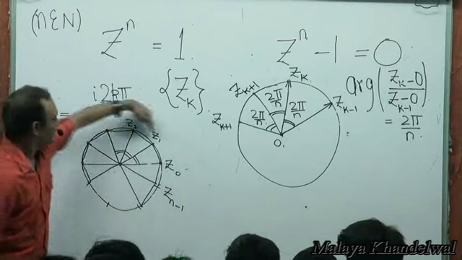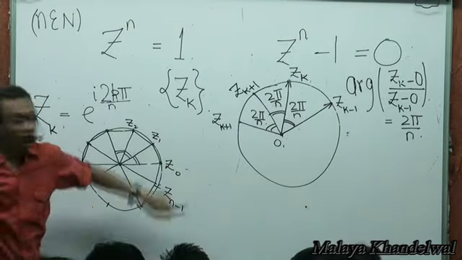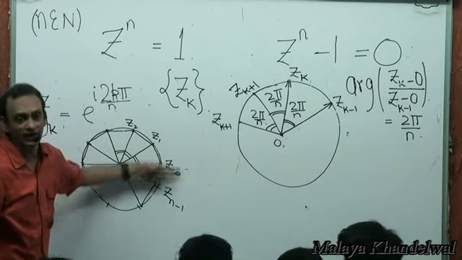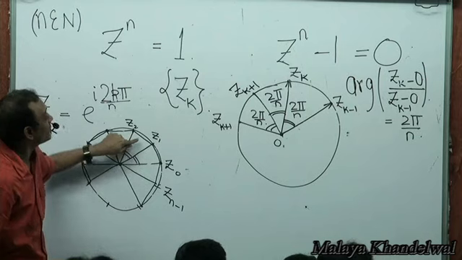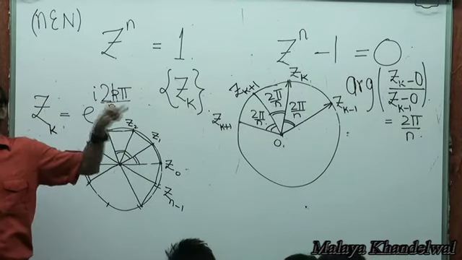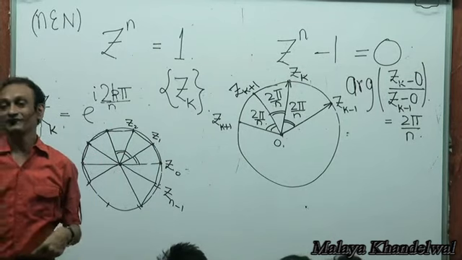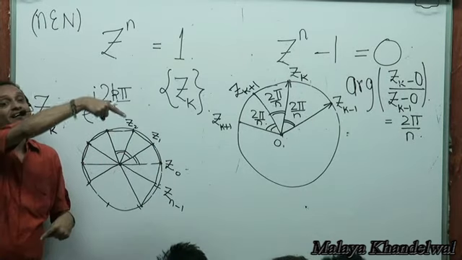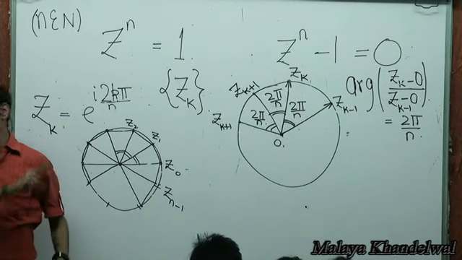They are vertices of an n-gon polygon because they are n in number. So z0, z1, z2, up to zn minus 1 are vertices of a regular n-gon polygon. The n roots of unity lie at the vertices of a regular n-gon polygon.